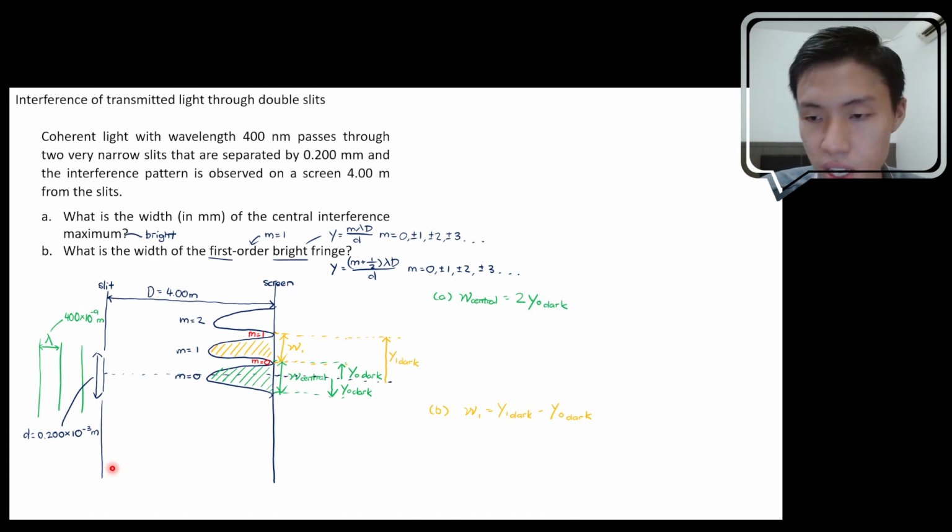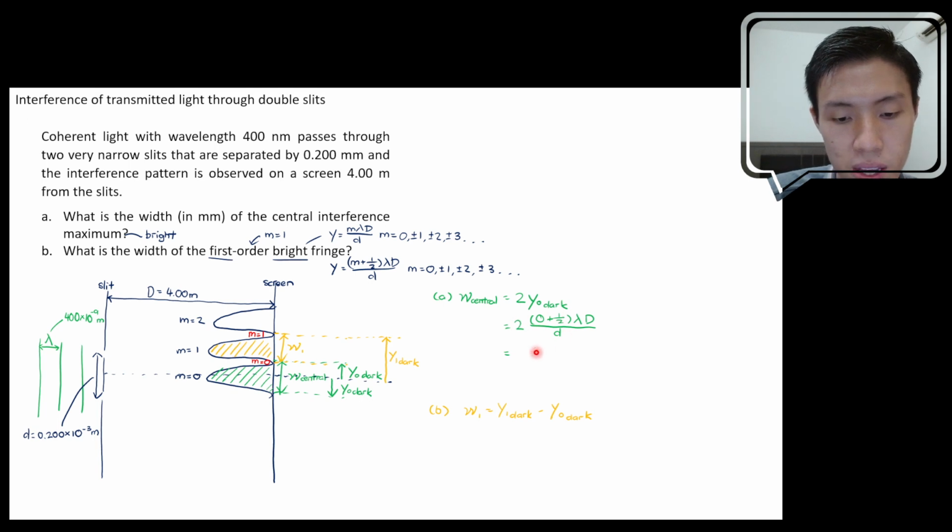I'm going to start by solving question A first. So this will be 2 y dark. The equation for dark is m plus half, so this is 0 plus half, lambda D over d. If I do my calculation, 2 times half is 1, so the equation now becomes lambda D over d.